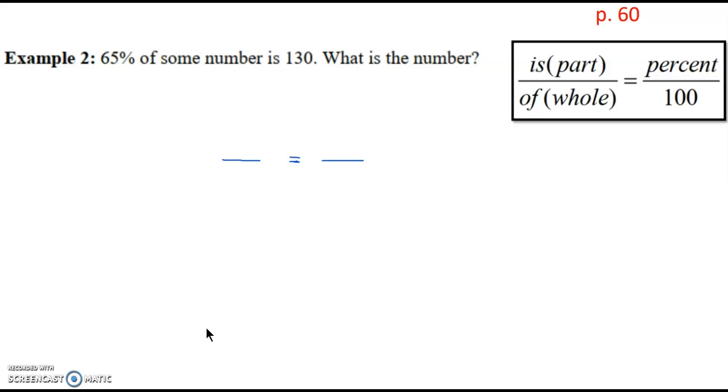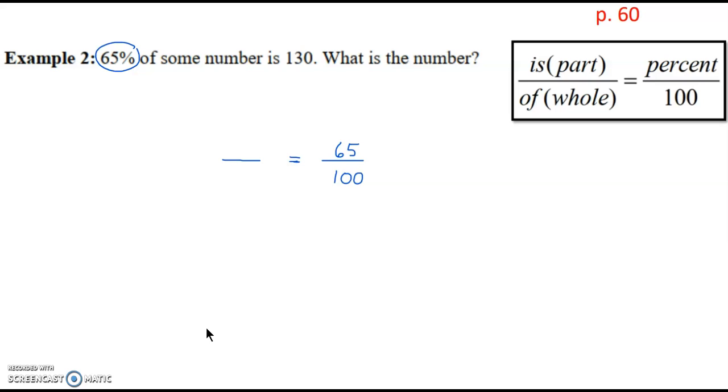So it says 65% of some number. Well, we know we have the percentage. When we see the percentage, we can confidently fill out the percent side of our proportion, 65 over 100. That 100 doesn't change because that reflects percentages. So that part is done.